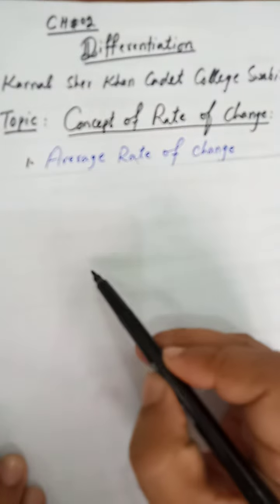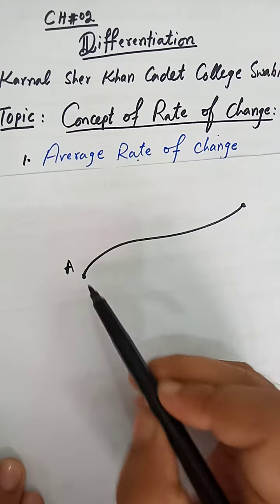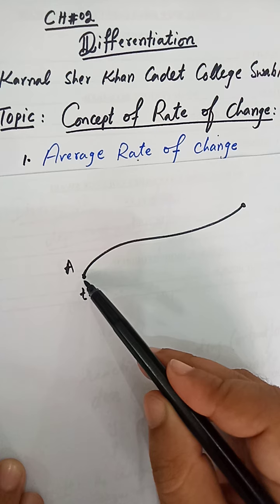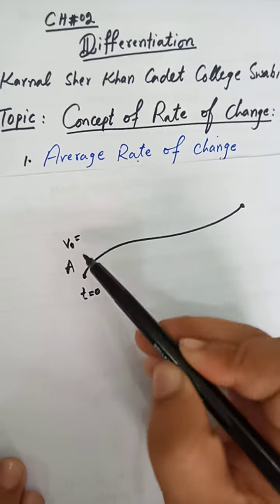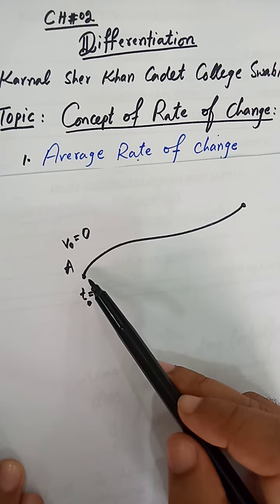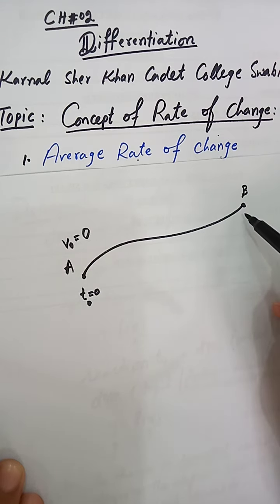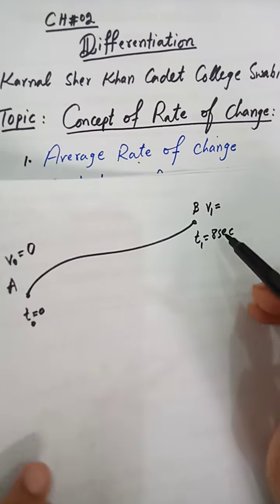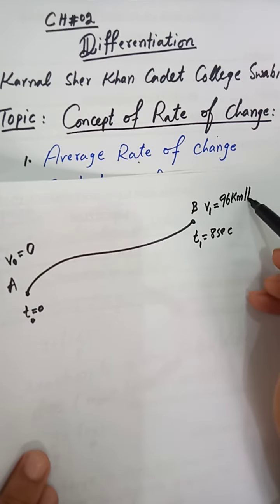Okay, average rate of change. For example, a car accelerates from point A, where the time is 0, meaning the car is standing at rest, so the velocity v naught is also 0, and the car accelerates from here and moves to point B. At that point the time is 8 seconds, meaning the car takes 8 seconds to reach point B, and the velocity, let's say v1, is equal to 96 kilometer per hour.